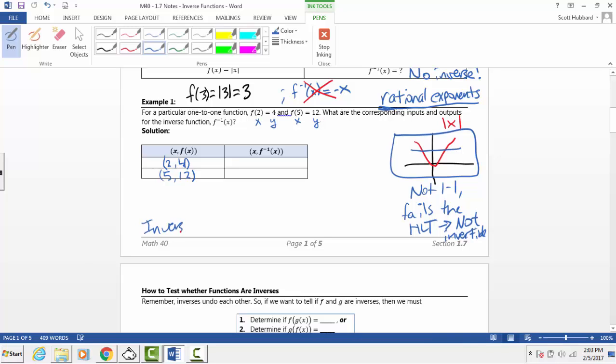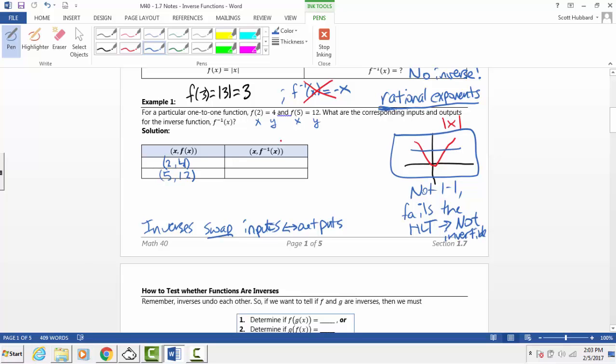Inverses swap inputs and outputs. That's kind of nice algebraically.